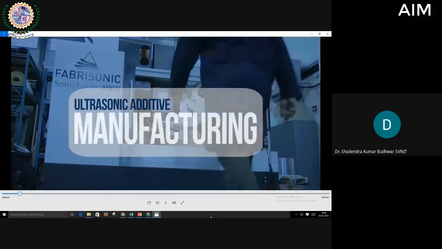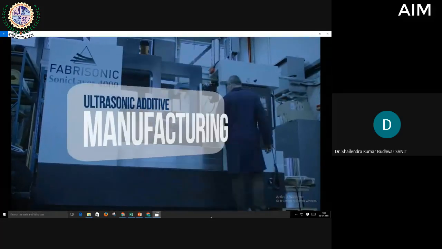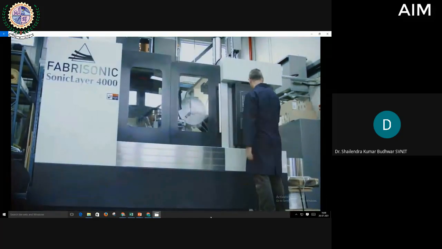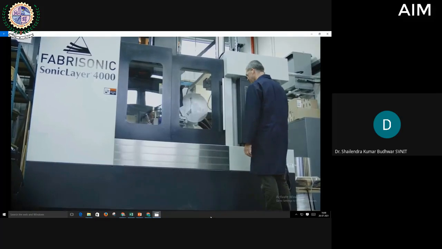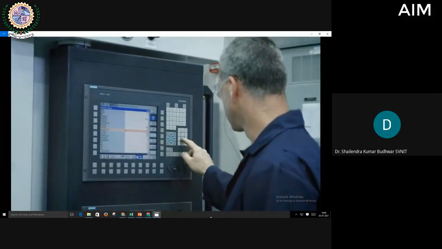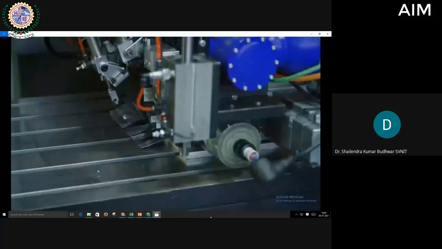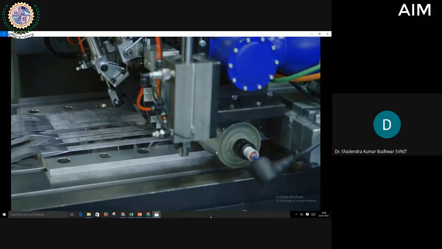Ultrasonic additive manufacturing is an additive manufacturing process wherein thin metal strips are welded in solid state on each other using ultrasounds. To start the fabrication, the shape is programmed into the CNC machine. The strips are juxtaposed with a certain overlap, ensuring a fully dense part.